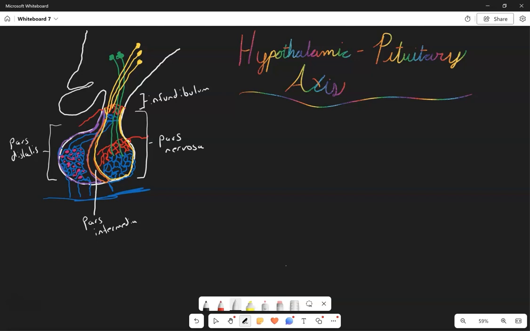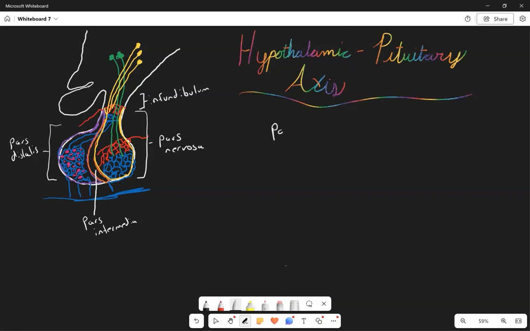If we look at these neurons over here, which are going to come from the other regions of the hypothalamus, notice that they come down and they terminate at the blood vessels inside of that infundibulum, right? And so those are going to release some signaling molecules that will then come down and stimulate these cells down here, which will then release the hormones to be picked up by the blood vessels. So the pars distalis, this one down here, is going to be made up of glandular tissue.